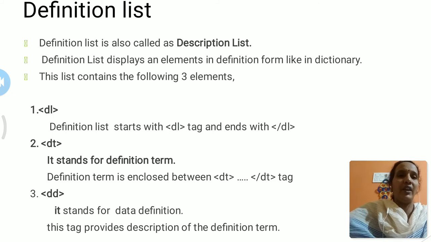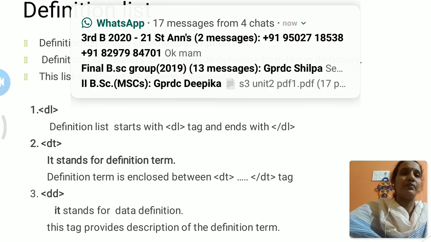DT stands for the definition term. As I said, the definition list displays one word in the first line and the definition of that word in the second line. So the word to which you want to give the definition should be included between a DT opening and closing. Now, the next one is DD.